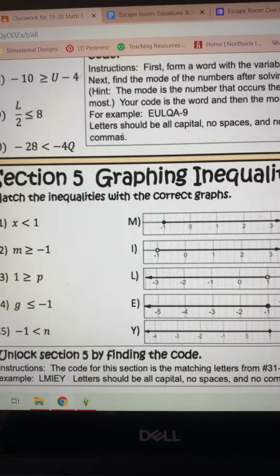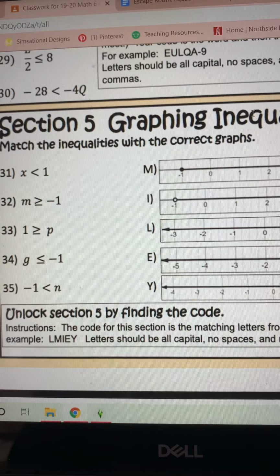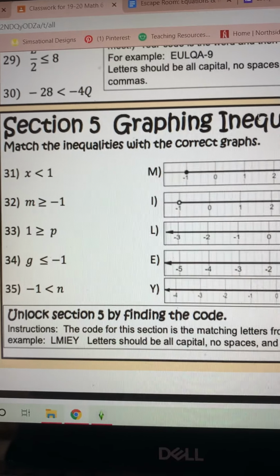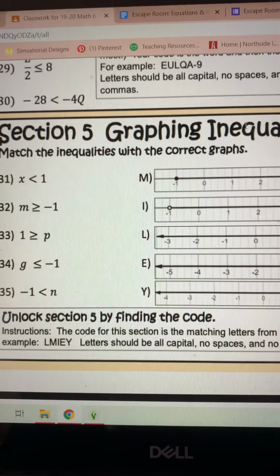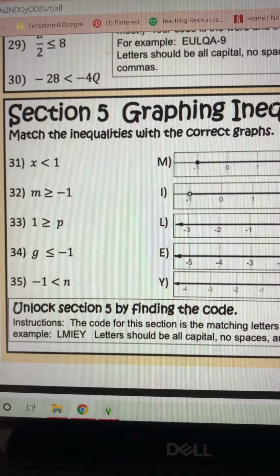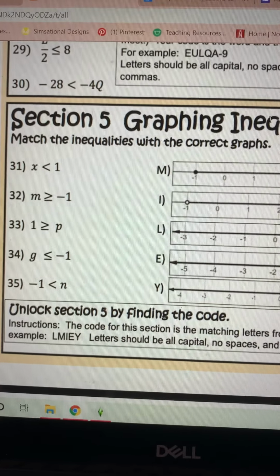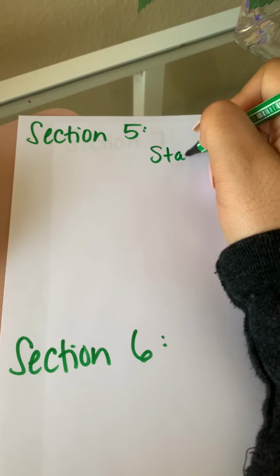Okay. Section 5, graphing inequalities. Now this one deals with the open and closed circles. Okay, so remember, if it just looks like this, that's open. When it has that line underneath, that's closed. Now with this one, remember our hint. Start with the variable.